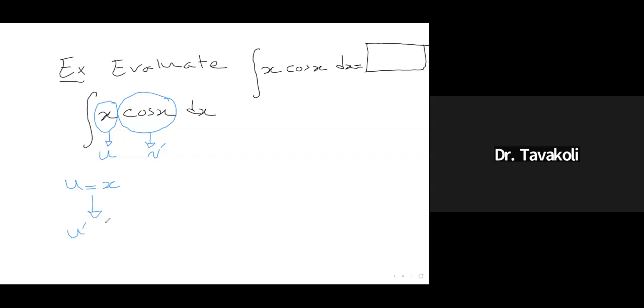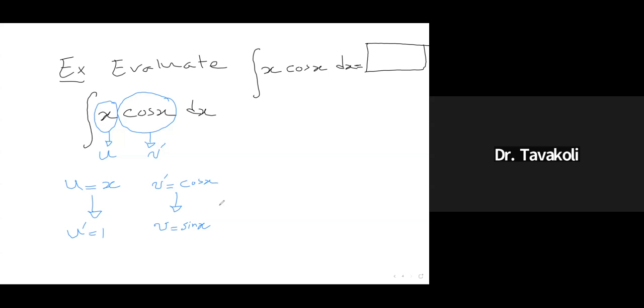And v prime is cosine of x. If v prime is cosine of x, what is v? The easiest v that we can have is sine of x. Of course, sine of x plus a constant, but to keep it simple, just go with sine of x. So if v prime is cosine x, v is sine x.